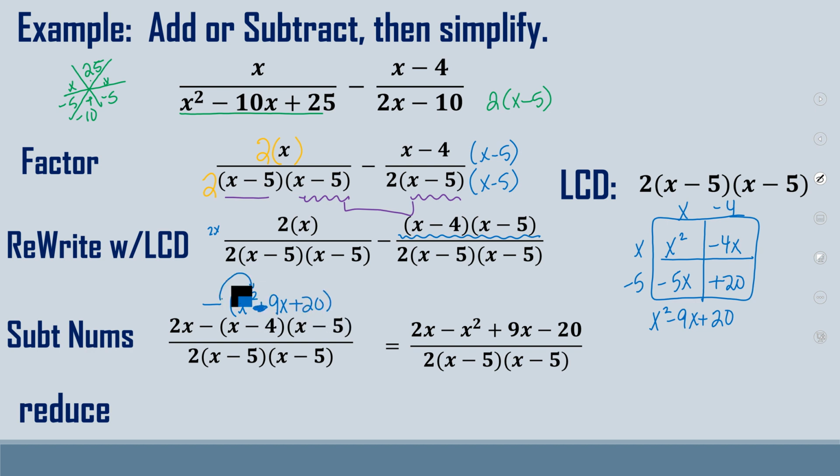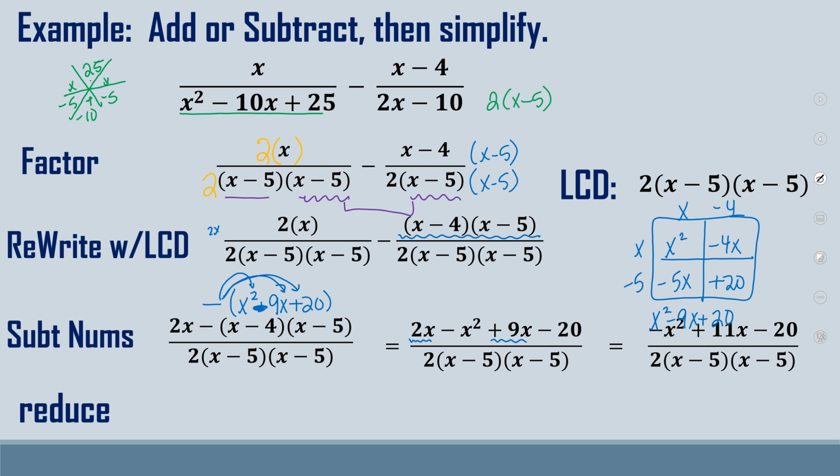So when I distribute that negative, that's why we have in the next set 2x minus x squared plus 9x minus 20. Okay, and we can combine some like terms, the 2x and the 9x, giving us negative x squared plus 11x minus 20 all over that common denominator.